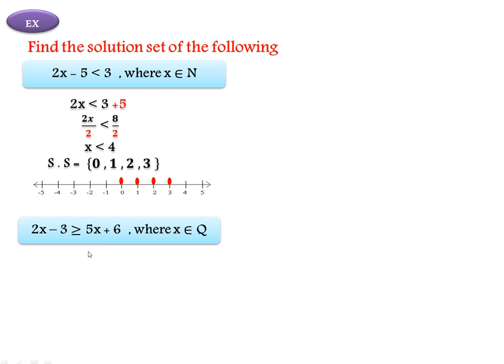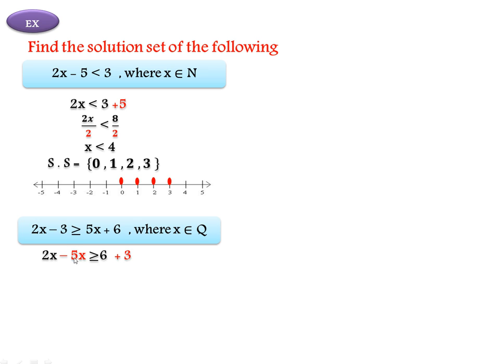We treat 2x and 5x like an equation, moving the like terms to collect them together. First we move positive 5x to the other side as negative 5x, and move minus 3 to the other side as positive 3.